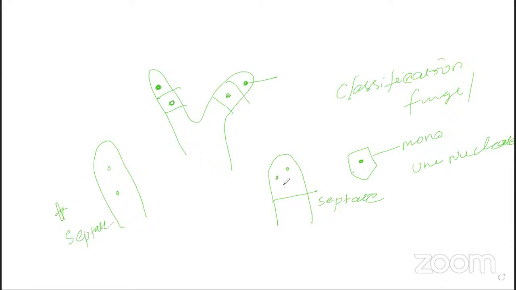How many nuclei are there? There are so many nuclei. This is considered multinucleated, otherwise called coenocytic. Where a single cell contains more than one nucleus, that condition is multinucleated, and the technical term is coenocytic. So which one is the correct answer here?